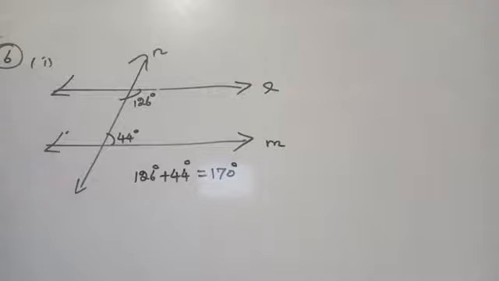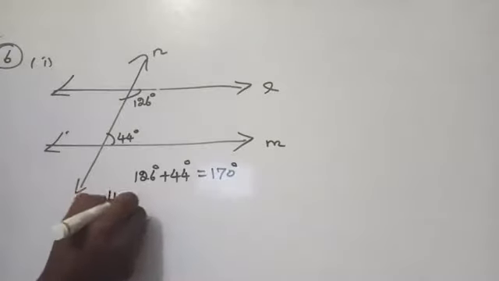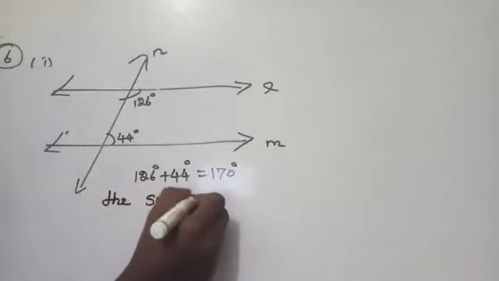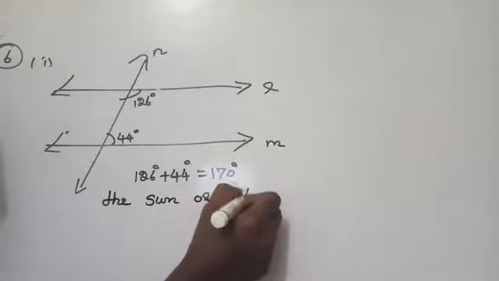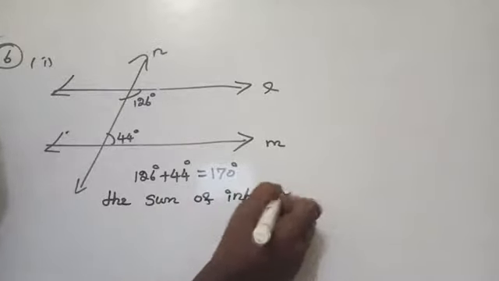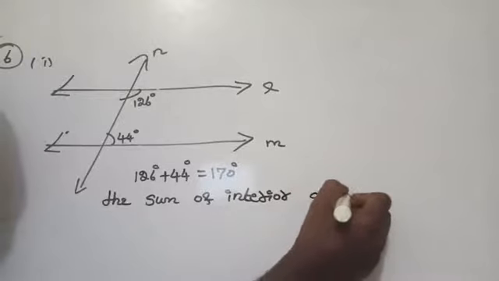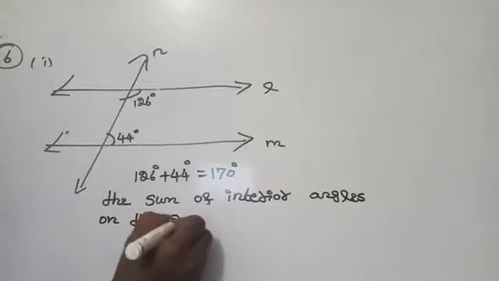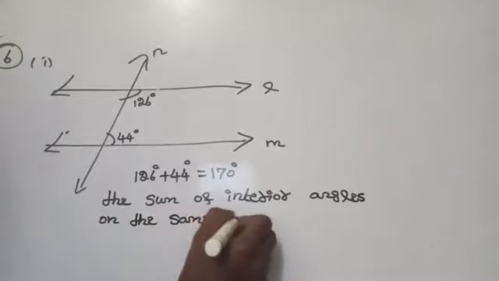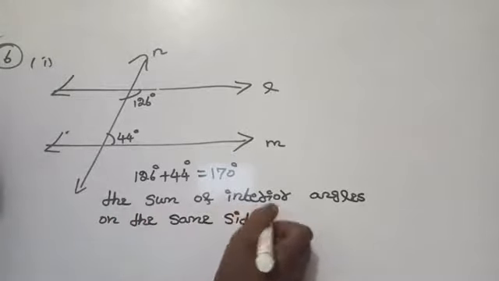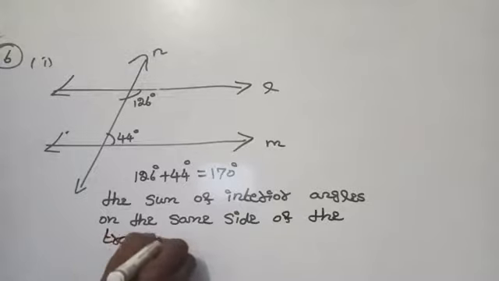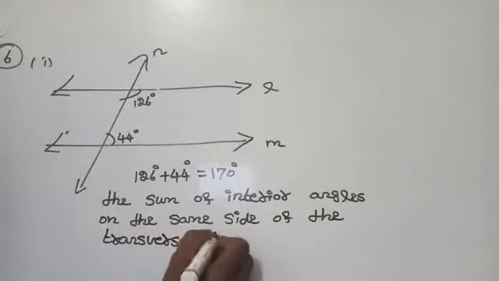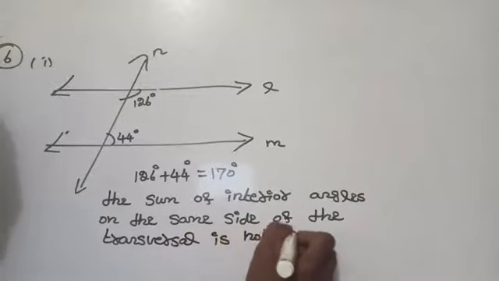So what can we conclude? The sum of interior angles on the same side of the transversal is not equal to 180 degree.